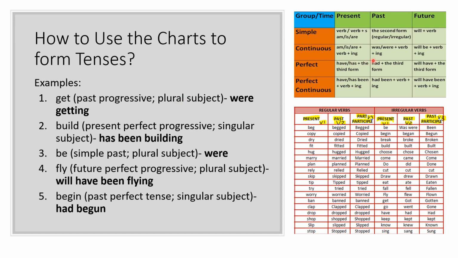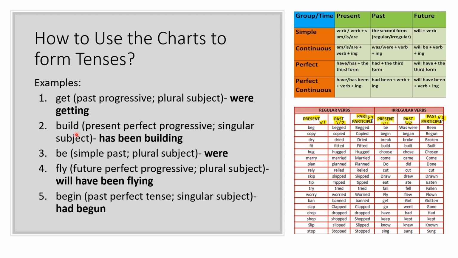Which of the two is plural? Was or were? Obviously, the answer is were. So your answer is were, then verb, simply add ing. So the past progressive form of the verb get is were getting. That is if your subject is plural.